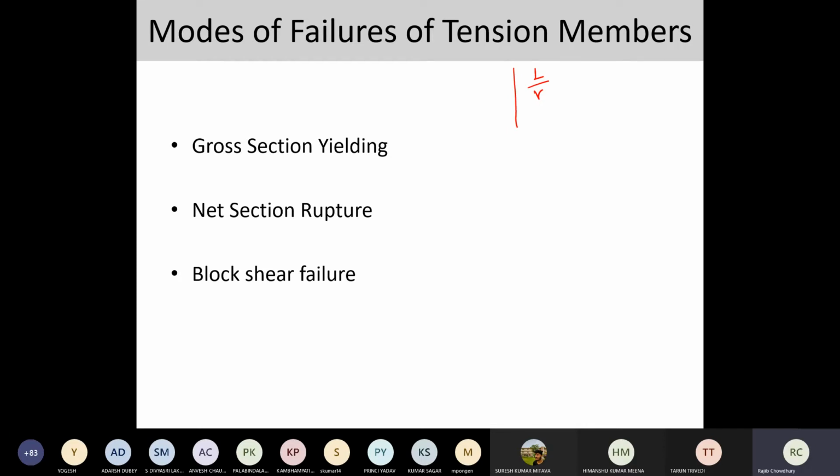The slenderness ratio of a tension member is defined by the length, sometimes the effective length or unsupported length, to its least radius of gyration. What is meant by the least radius of gyration? Because you have different planes like plane XX, plane YY, and plane ZZ.